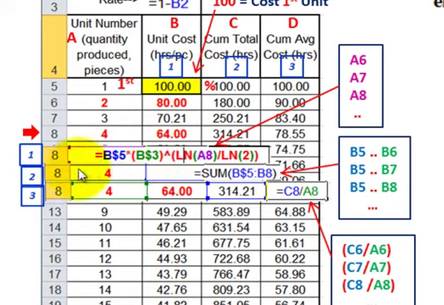Okay, so now let's look at column C here, cumulative total here. All you're doing here is you put in an equal sign, SUM, and then in brackets B$5 to B whatever row you're looking at here. So B5 is always the reference here. It's always coming off whatever you have for your first unit cost, in this case 100.